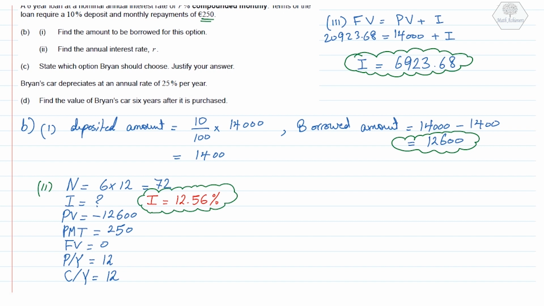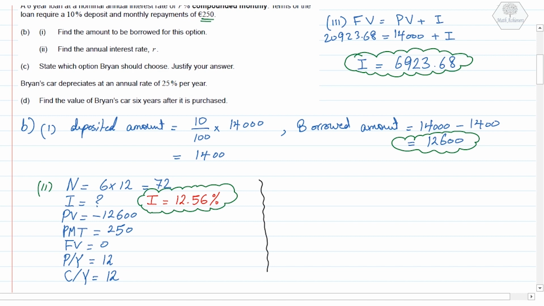Part C of the question. State which option Brian should choose. Justify your answer.